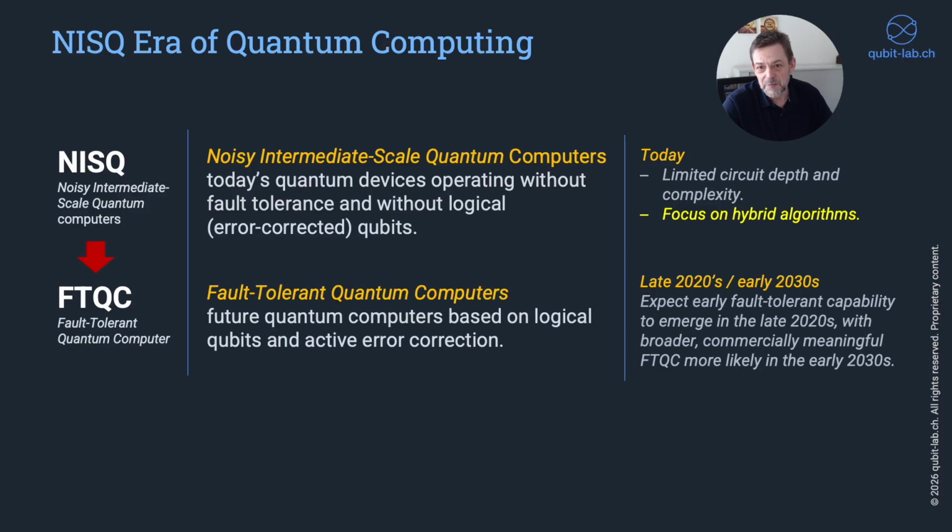In the future, we expect fault-tolerant quantum computers where logical qubits and active error correction remove these limitations. But that is not where we are today. For current NISQ devices, we must keep circuits shallow and noise tolerant. This is exactly why hybrid quantum classical algorithms are so important. They respect these constraints and are usable on today's hardware.